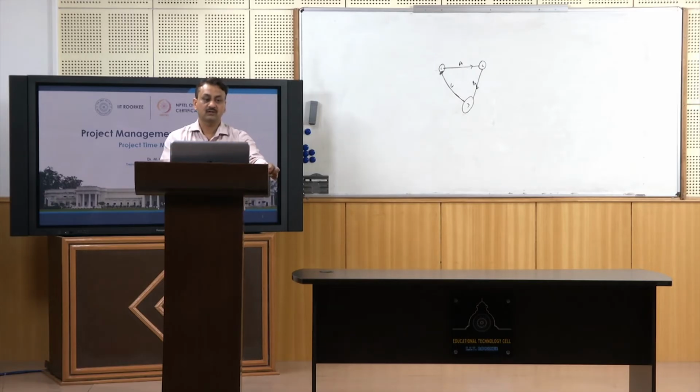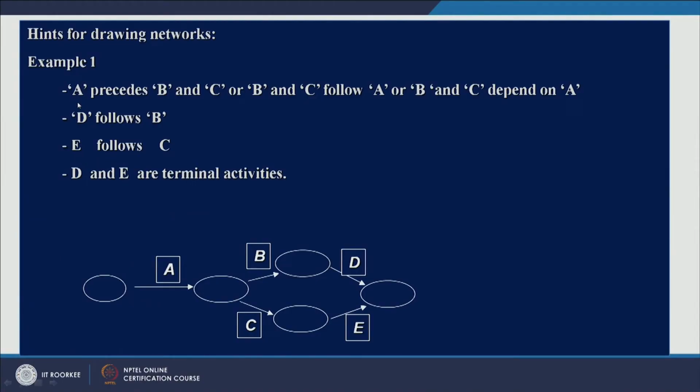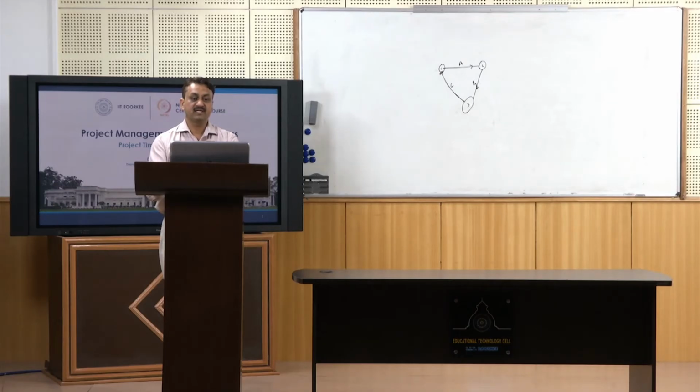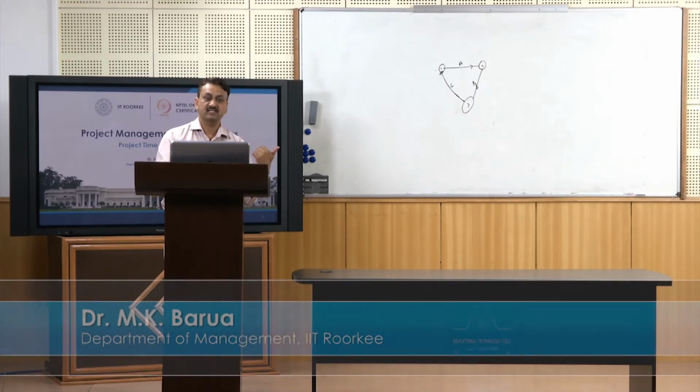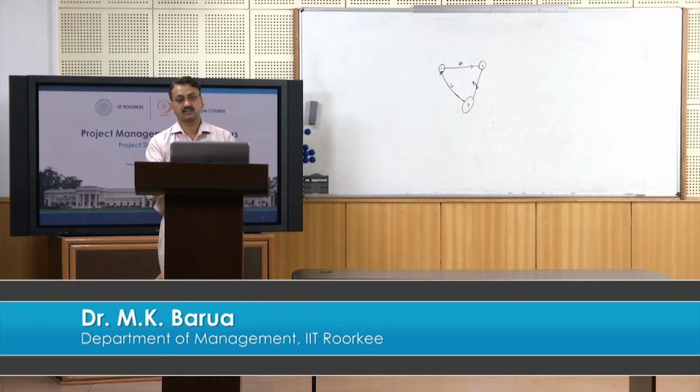So, let us find out how to draw a network. Let us take the first example, and the problem statement is like this: A precedes B and C. Now, you can rewrite the same point as B and C follow A. When I say A precedes B and C, it means A is the predecessor activity and B and C are successor activities.